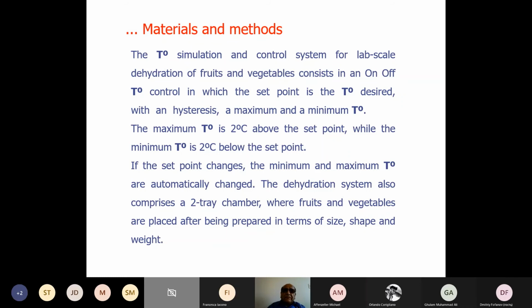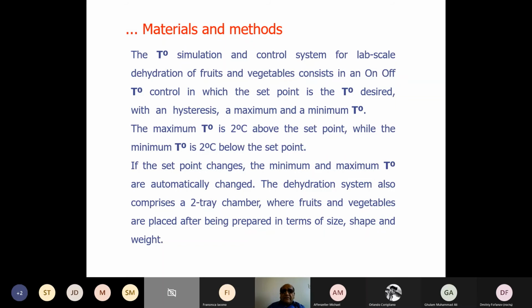The maximum temperature is 2 Celsius above the set point, while the minimum temperature is 2 Celsius below the set point. If the set point changes, the minimum and maximum temperatures change automatically.